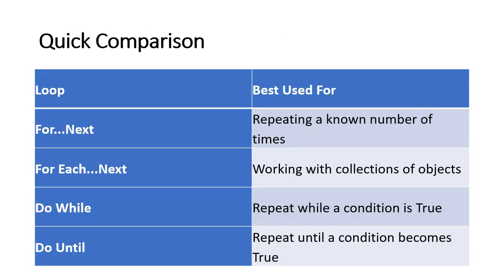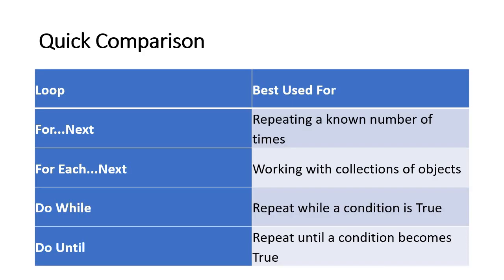Let's look at this quick comparison table. For Next loop: this is best used for repeating a known number of times. For Each Next loop: this is good for working with collections of objects. Do While loop: this repeats while a condition is true.